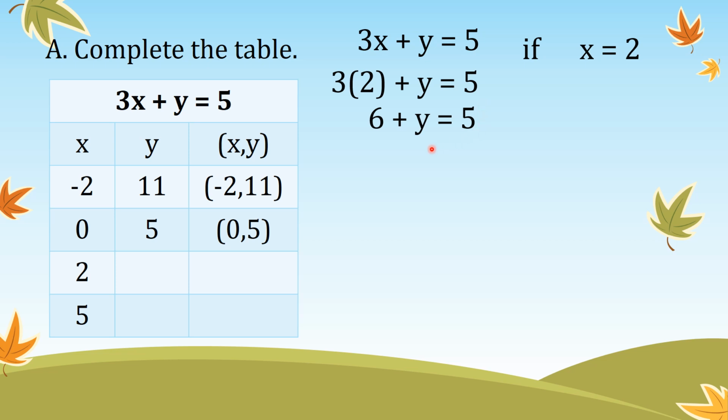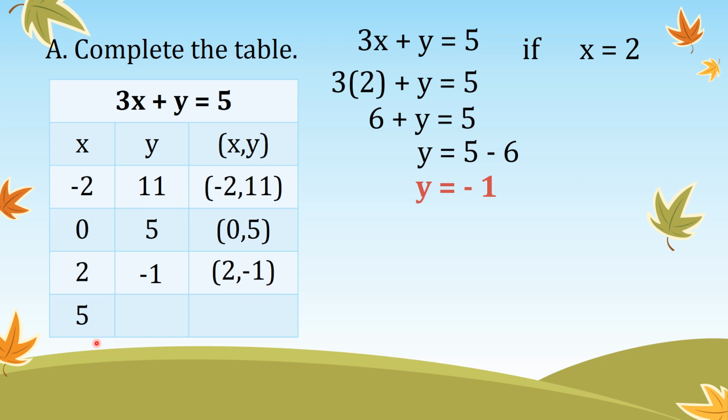By APE, addition property of equality, y is equal to 5 minus 6. So minus 6, we have positive here. By simplifying, 5 minus 6, so y is equal to -1. So our value for y is -1 and our ordered pair is 2, -1.